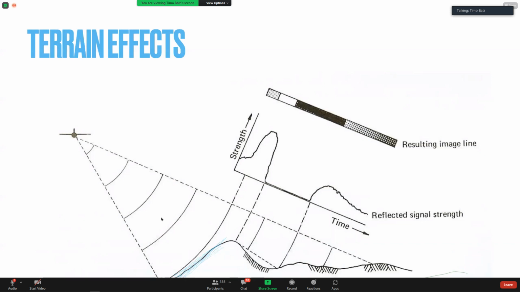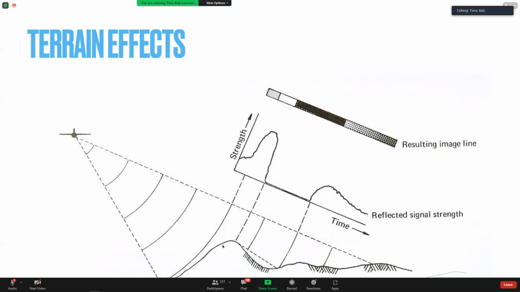So you get a kind of strong reflectance from that. Behind that, you don't get a signal. This is a shadow. So you get no reflection here, and then more of a normal reflection strength here.